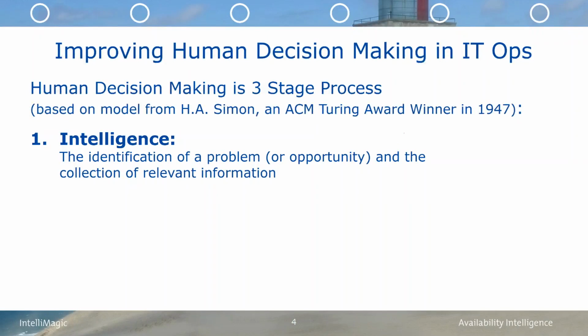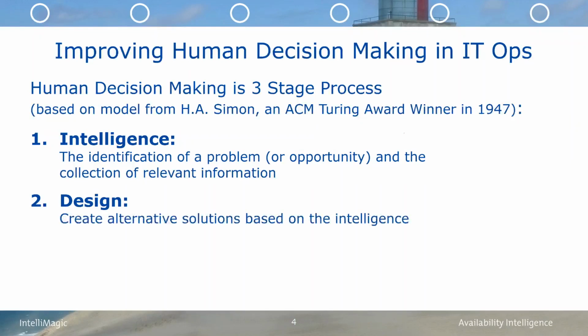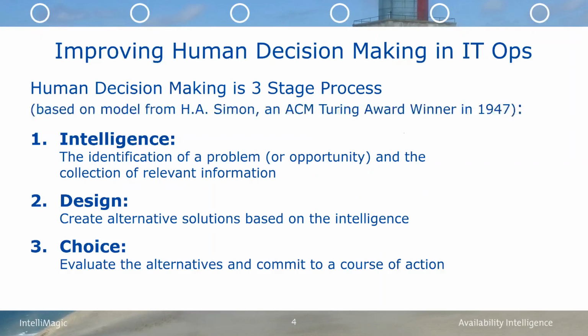If you wait too long and see it only after a production problem, it's a problem that you have to find out. So identifying the problem and collecting the information relevant to it is the intelligence stage. Then you create alternative solutions based on the intelligence that you have about what's really going on, and you make a choice. That's an easy, common sense description of the decision-making process.